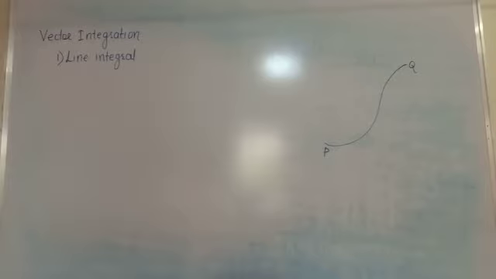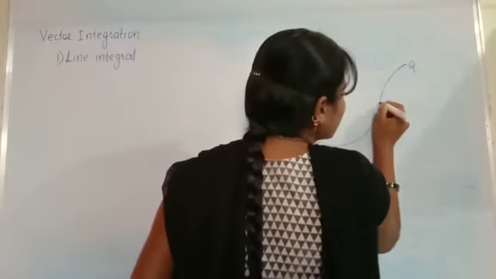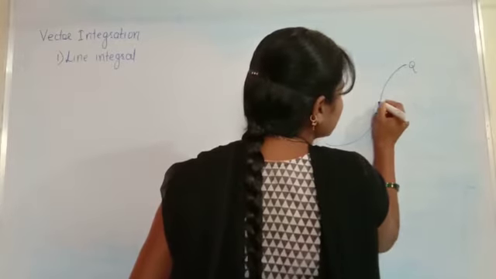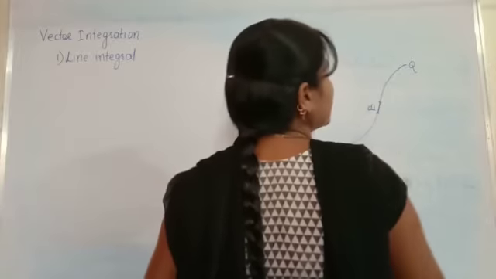This curve is drawn in the vector field, and let dl be a small element of the curve of length dl. So this dark portion has the length dl.